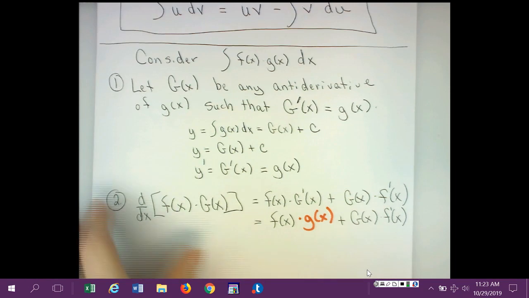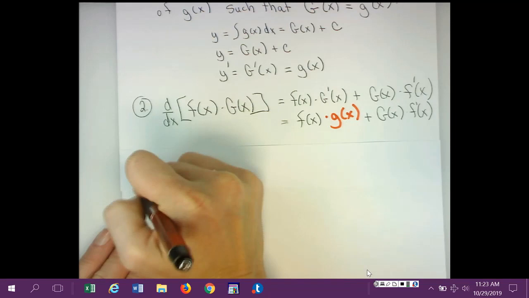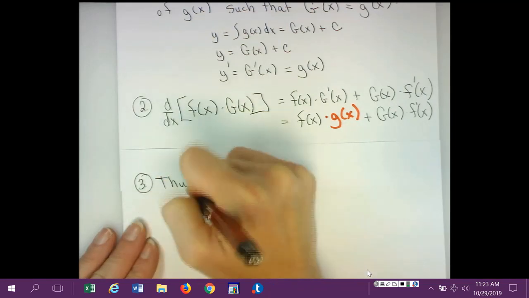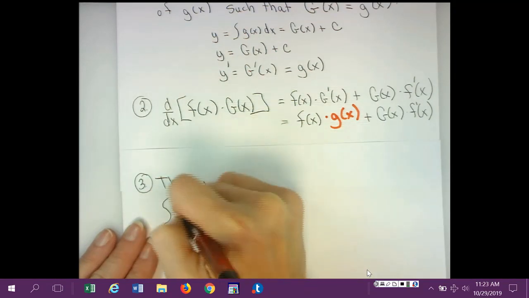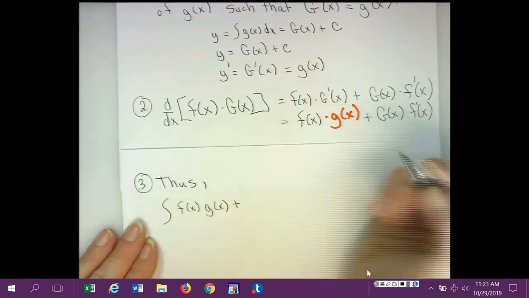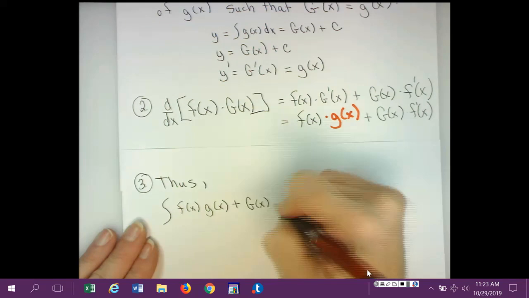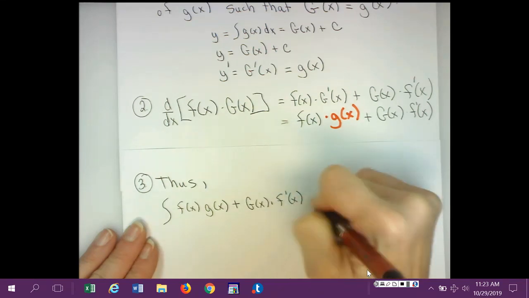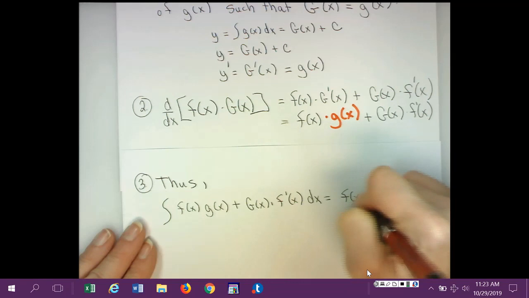Step 3 says, thus, what this means is, if we take the antiderivative of little f times little g plus capital G times f prime, we should get back, when we take the antiderivative, we should get, as a result, little f times capital G.